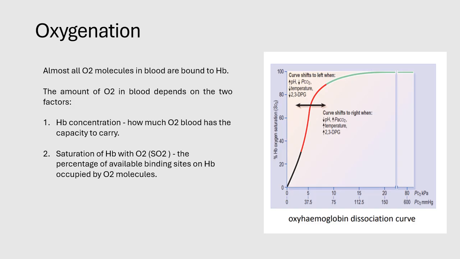The curve shifts to the left when PCO2 or temperature goes down or when the acidity of the blood increases. The curve moves to the right when the opposite phenomena are the case.